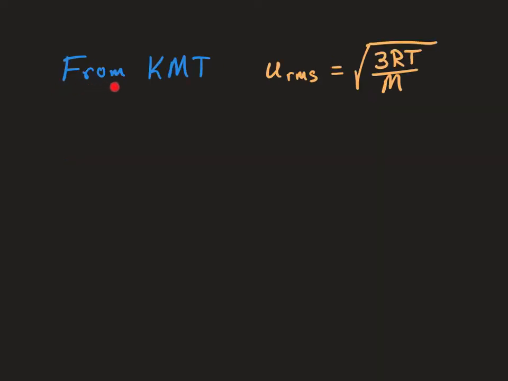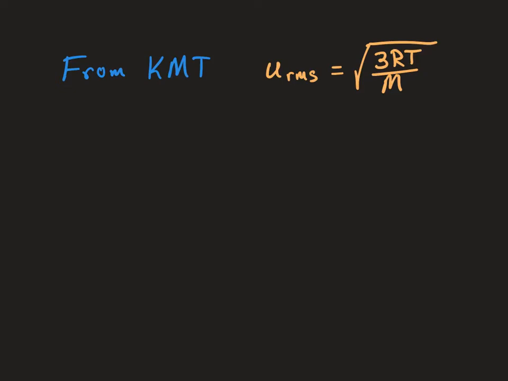So one of the results we got from the kinetic molecular theory analysis was this equation, that the root mean squared velocity is equal to the square root of 3 times the gas constant R times the temperature in Kelvin divided by the molar mass. But before we can use this equation, we have to consider the units of all of these things, because the units have to work out.